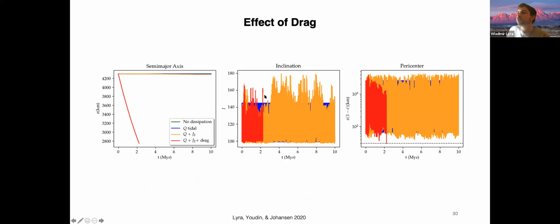J2 is leading to a chaotic variation on top of the Kozai-Lidov oscillations. And then once we include the drag, you're decreasing the semi-major axis also, making it easier to achieve contact. That's why you increase that window of contact by so much.